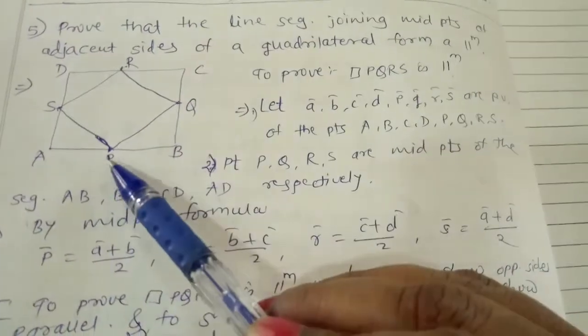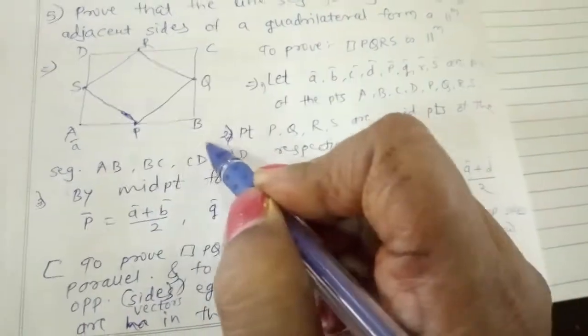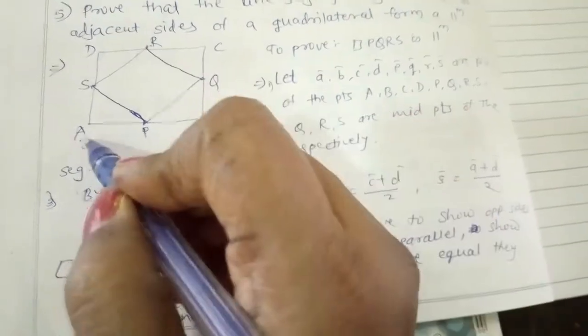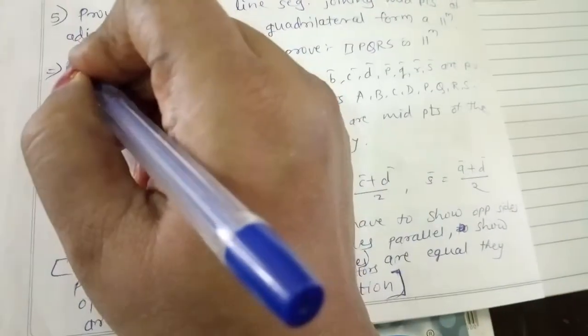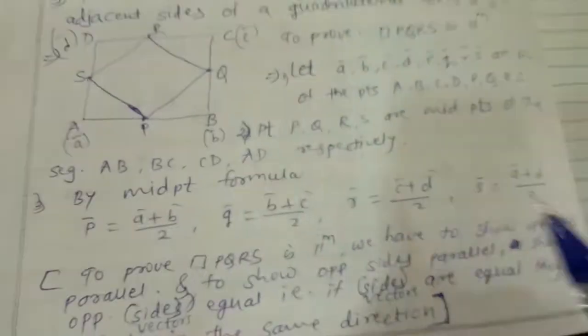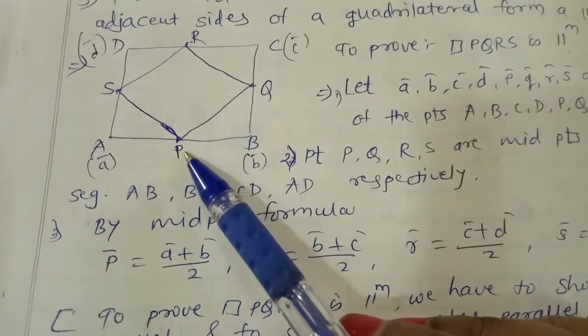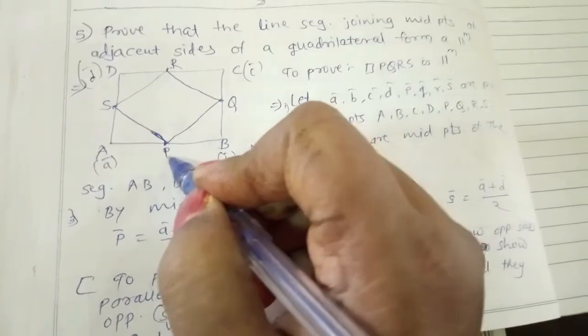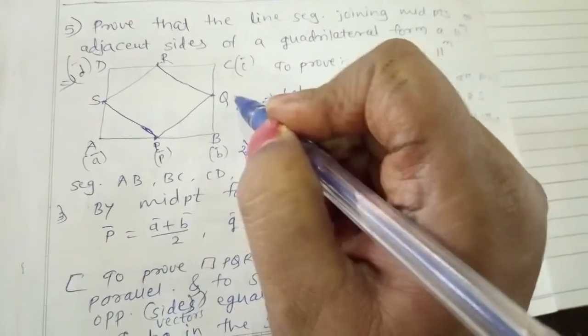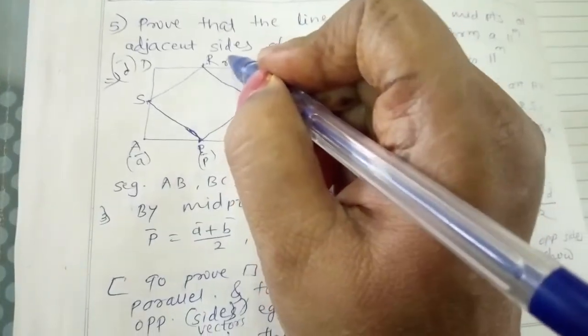After that I am going to use the midpoint formula for each of these points. So here there is a bar and there is b bar. I am just going to write them down. After that it is c bar, then d bar. So these are the position vectors. So we can write this P using the midpoint formula, p bar. So here is also p bar, then q bar, then r bar and s bar.